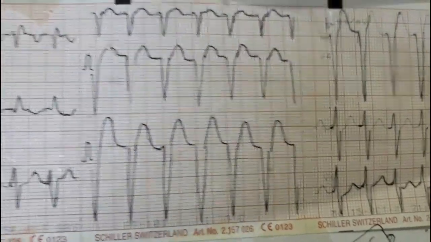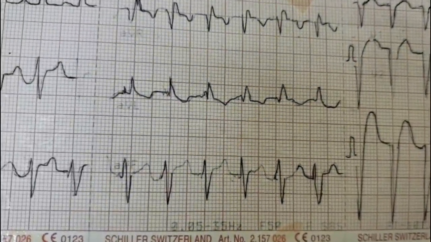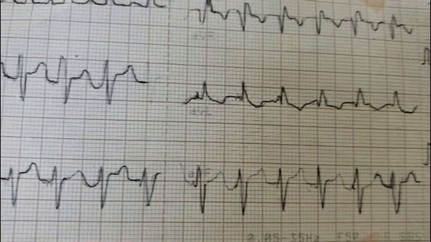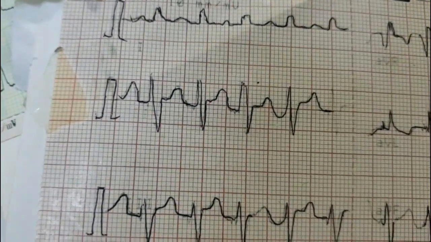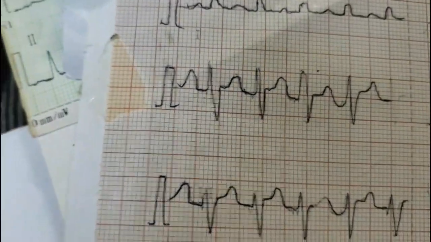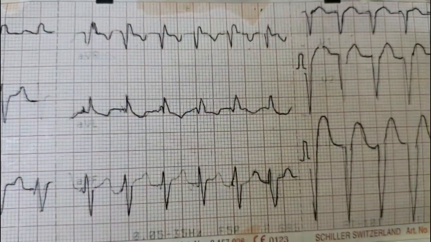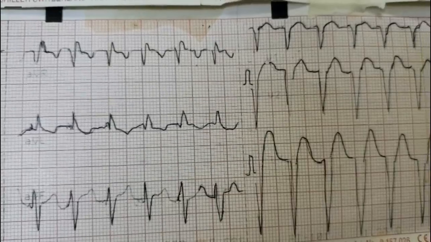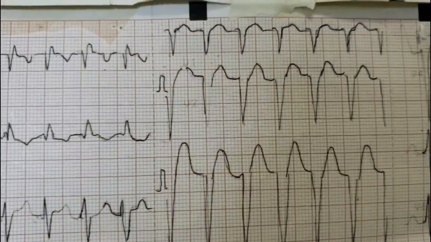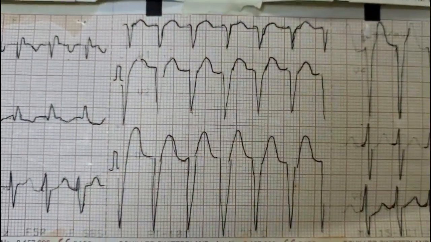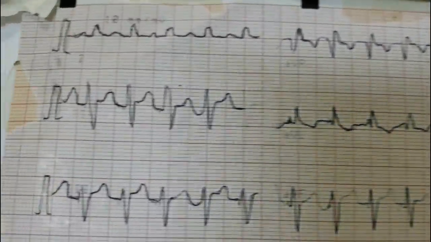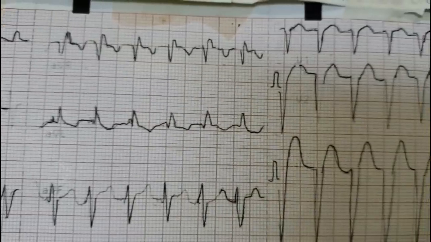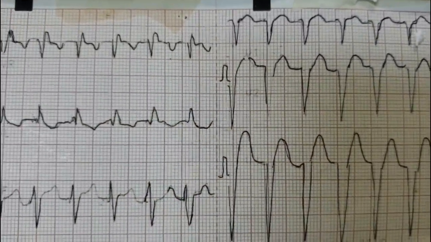And the most important thing, it is the ventricular tachycardia that is caused by bundle branch reentrant VTAC, because this patient was not responding to usual maneuvers such as vagal stimulation or drugs used in treatment of supraventricular tachycardia.